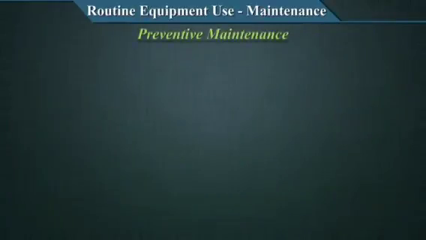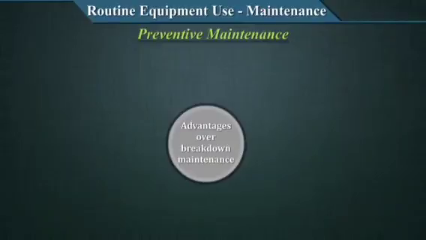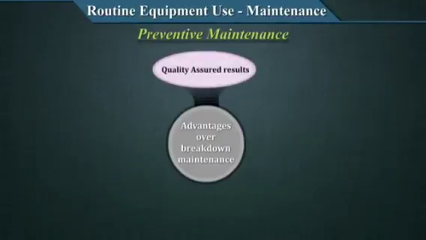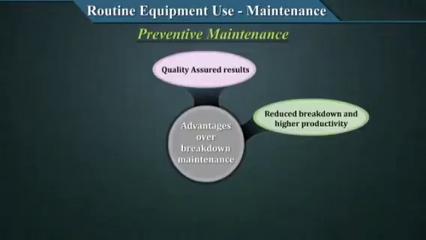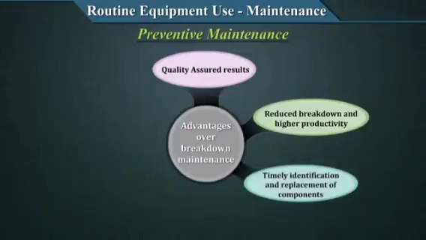Preventive maintenance provides the following advantages over breakdown maintenance. We already saw the diagram, just to reiterate, because it helps in giving you quality assured results, reduced breakdown and hence higher productivity, timely identification and replacement of components showing excessive wear and tear.